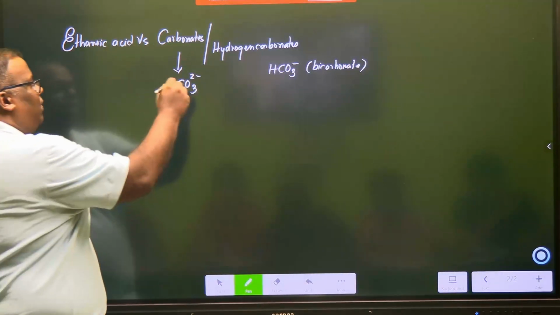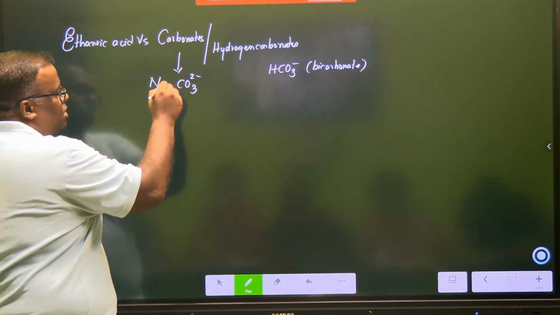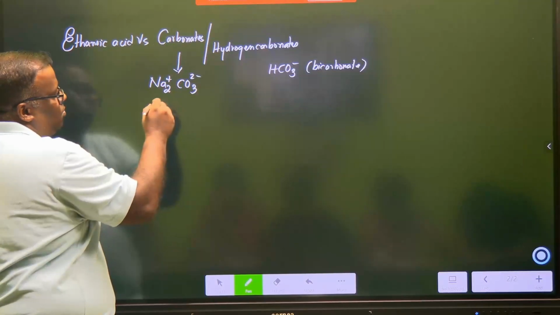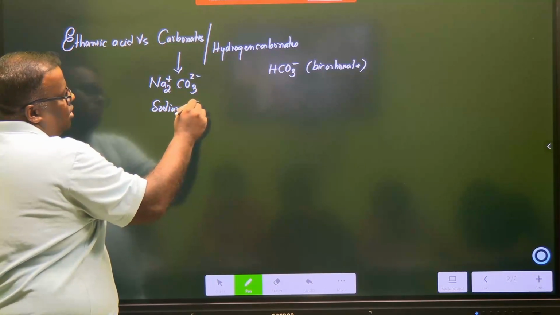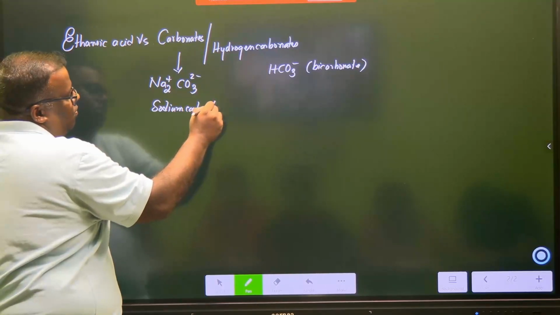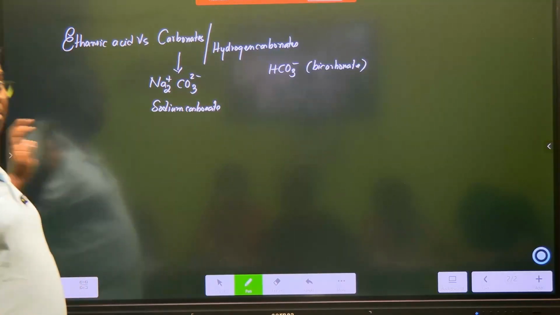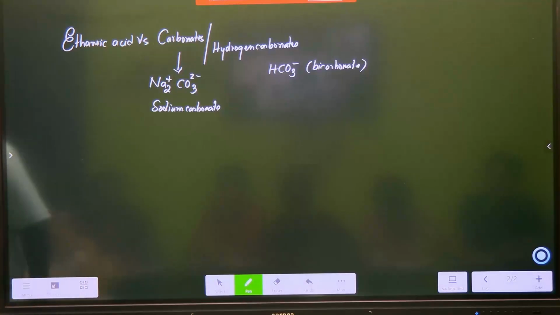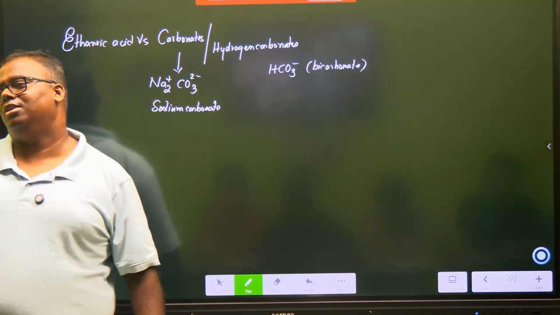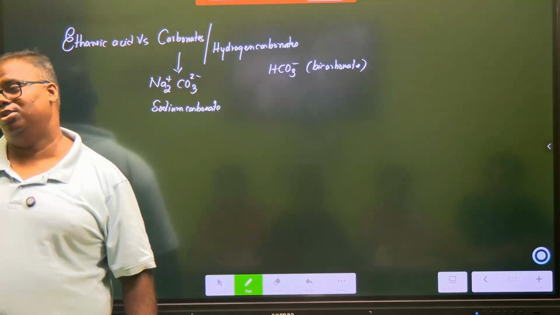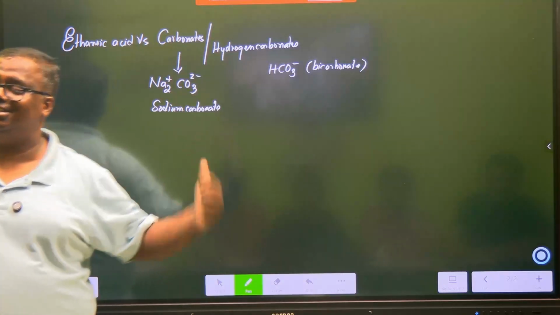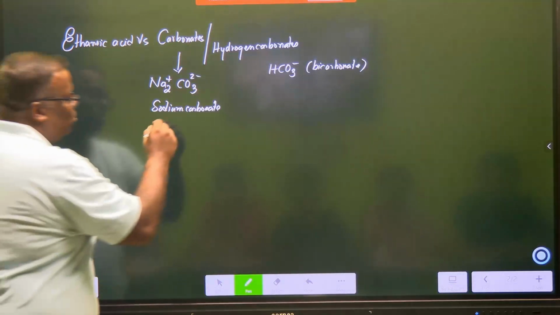If I satisfy this with 2 sodiums, then what does it become? Sodium carbonate. What is the trivial name? Washing soda is Na2CO3.10H2O. This is soda ash.